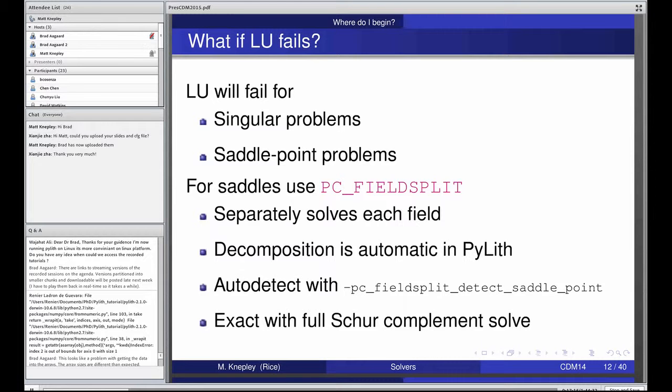So for saddle point problems, we use a special solver that knows about the structure. So where do saddle point problems come from? Saddle point problems come from a lot of times systems with constraints. So in PyLith, if you have a fault, we're imposing a constraint across the fault.